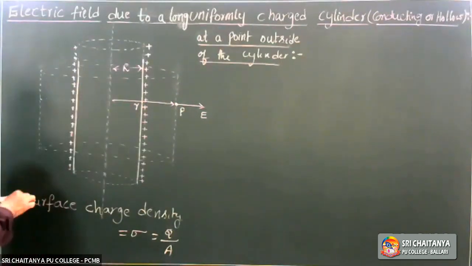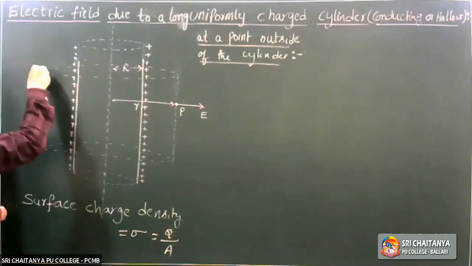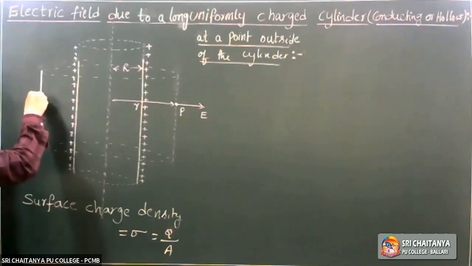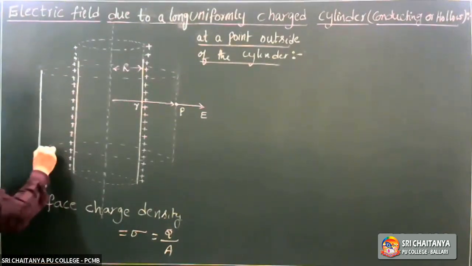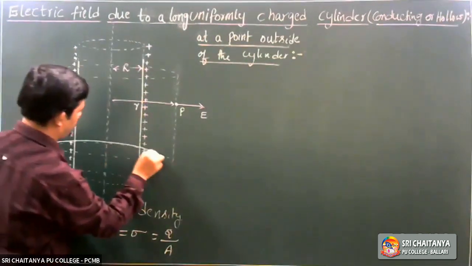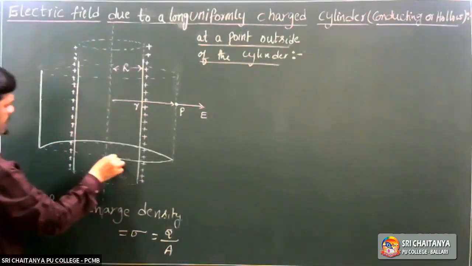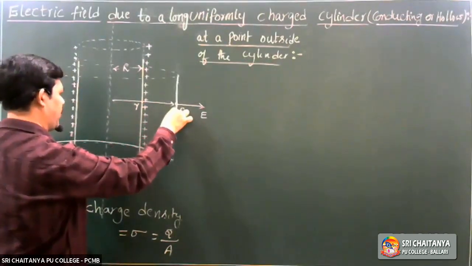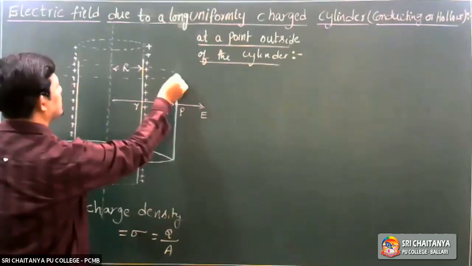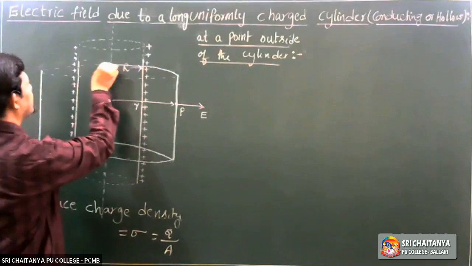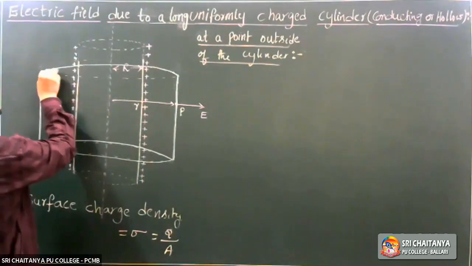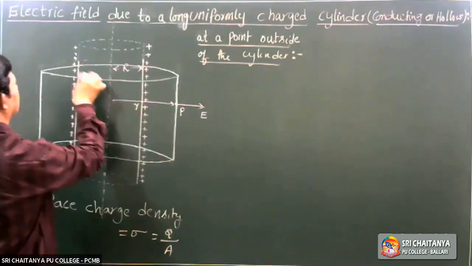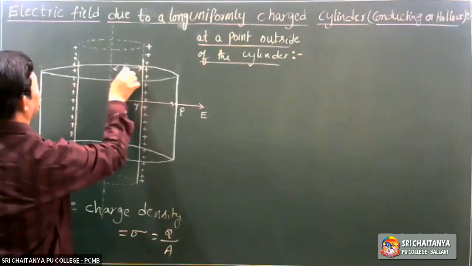Now I assumed a Gaussian surface like this, passing through this point P, enclosing the cylinder. This is the Gaussian surface.